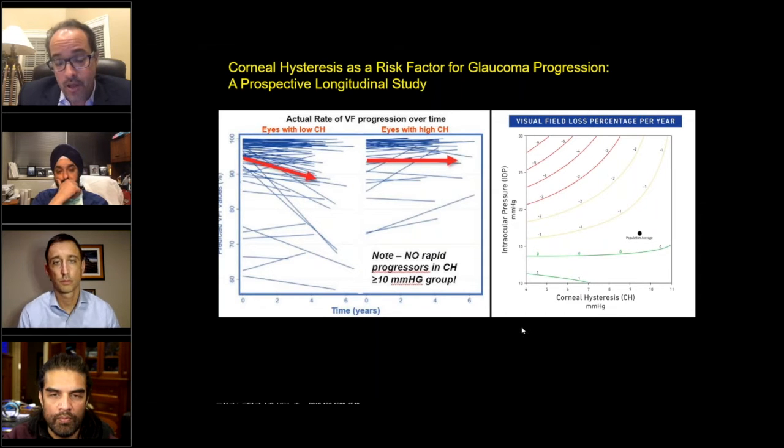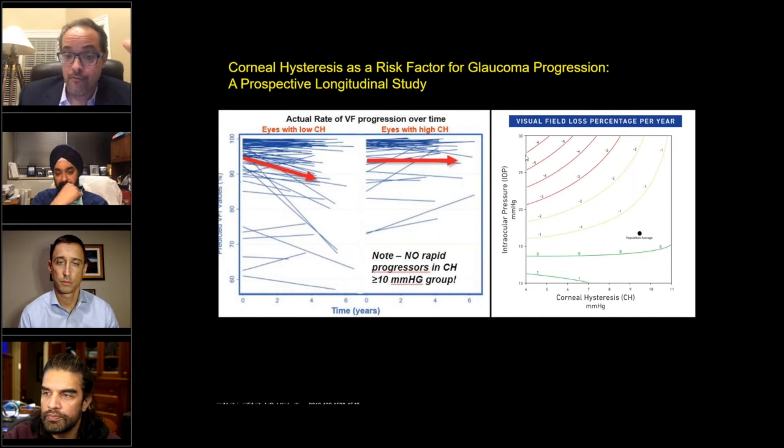And the plot on your right illustrates how a combination of corneal hysteresis and intraocular pressure helped explain the rates of change in visual field over time. In particular, the interesting thing to look at is that a combination of low corneal hysteresis with high intraocular pressure was particularly harmful.